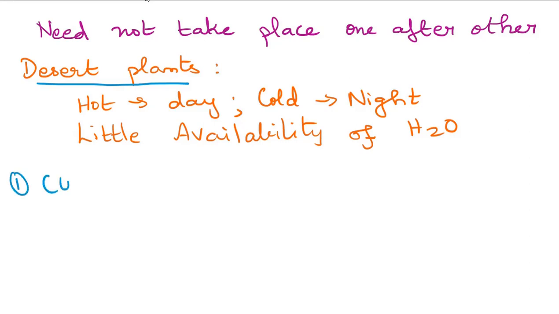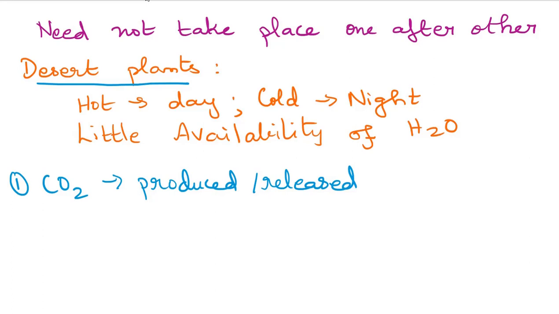the carbon dioxide will be produced or released by the respiration process of the plants and various other animals living in the desert.